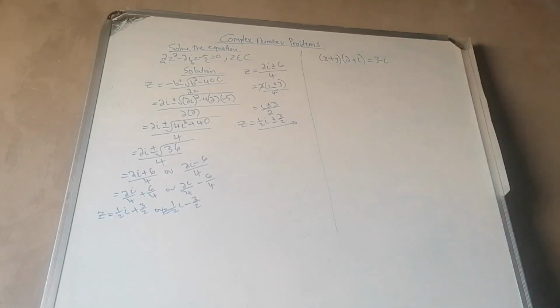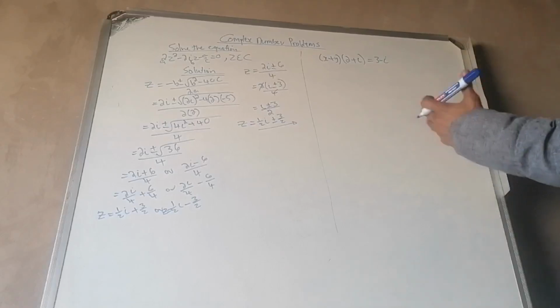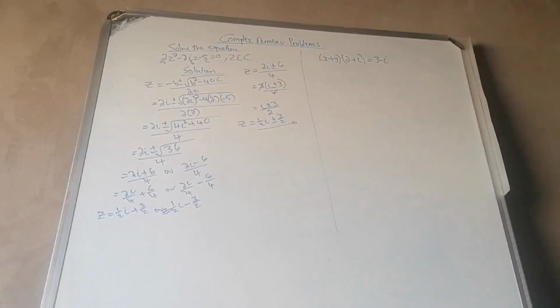Remember the question says find the values of x and y in which x is an element of the real numbers and y is an element of the real numbers. So when we find those values of x and y, they must be real numbers. Real numbers, they can be rational, irrational, integers, whatever.